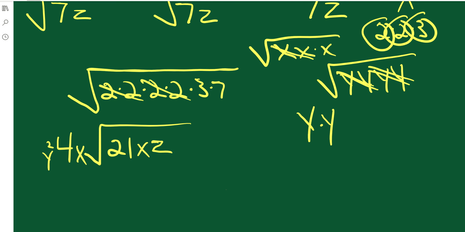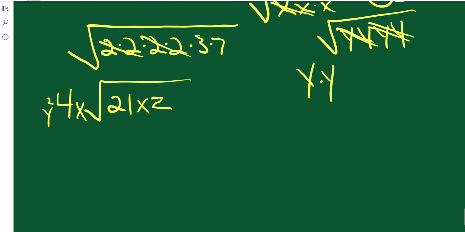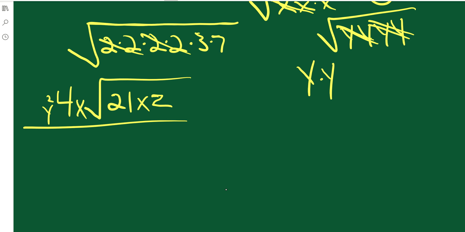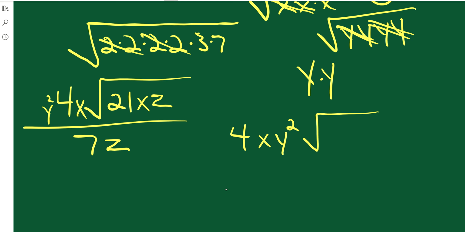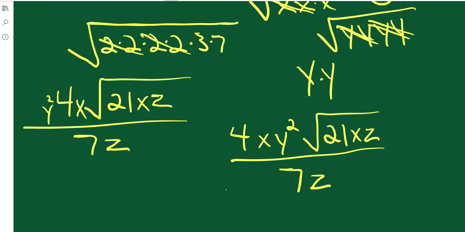Okay, you're good with this? And then lastly, this is all over 7z. So I could rewrite this as 4x y squared root 21xz all over 7z.